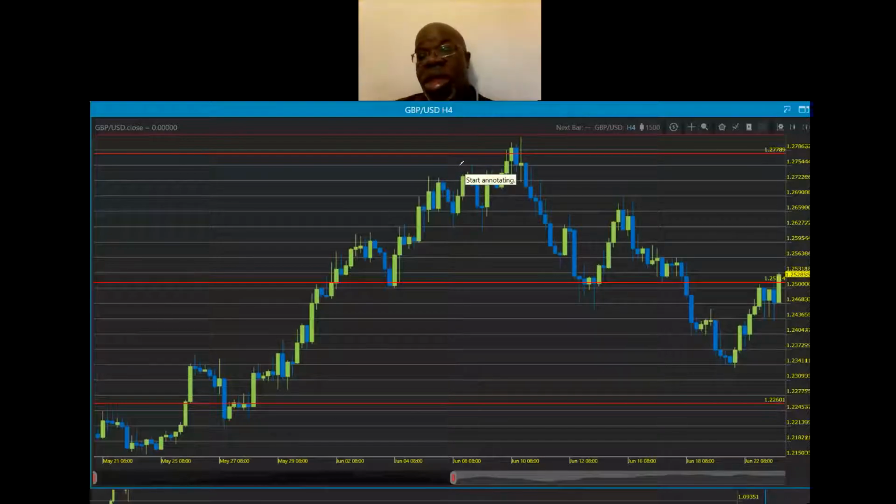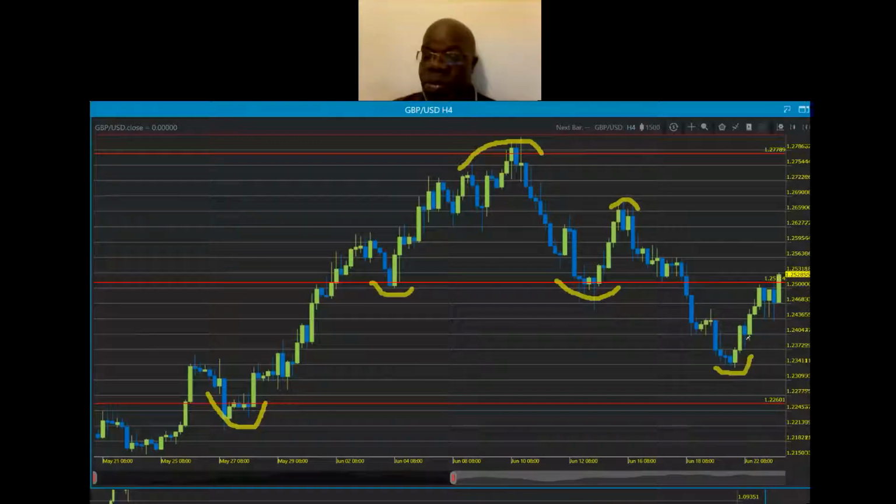So there might be reversal patterns around here. Okay, might be reversal patterns at the bottom there too. There might be a reversal pattern there. Anytime we have a significant turn, there might be a reversal pattern there, over there, over there.